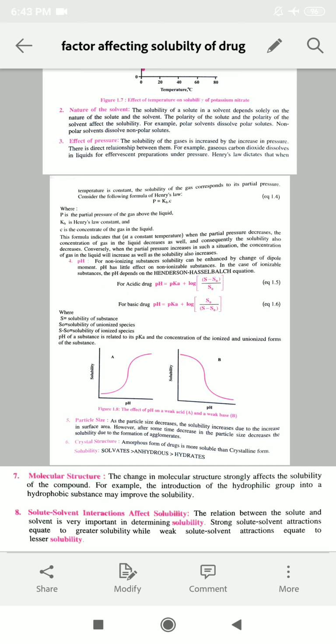But if the solvent has higher interaction within itself, it is not generating void space for the solute, and if the solute has high interaction within itself, it is not separating out from the bulk particles. So there is no solute solvent interaction, and due to that the solubility will decrease.